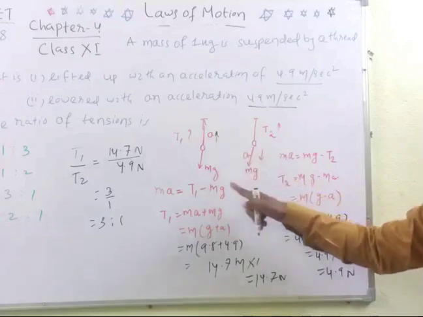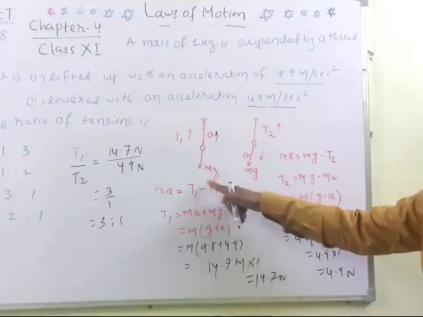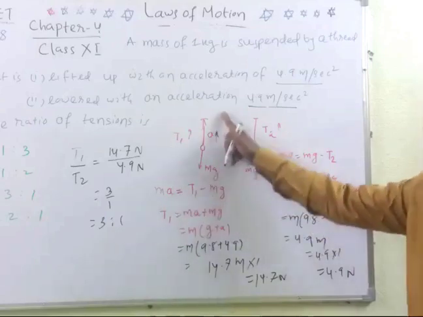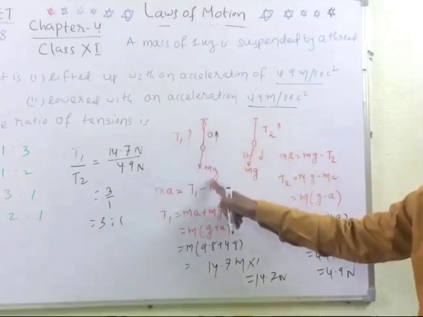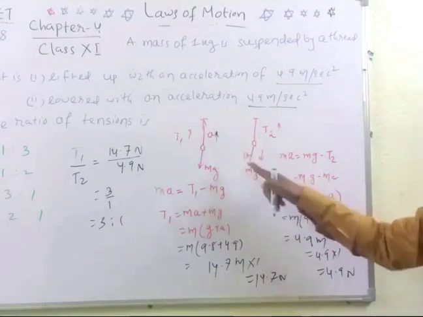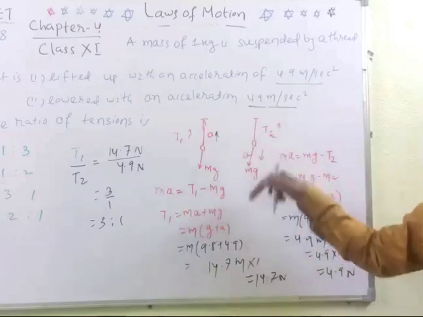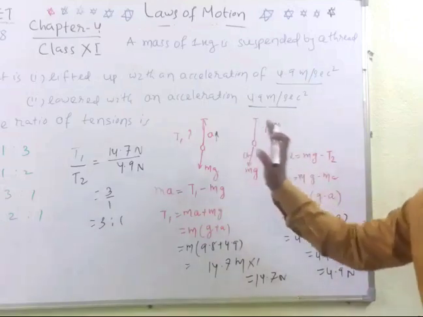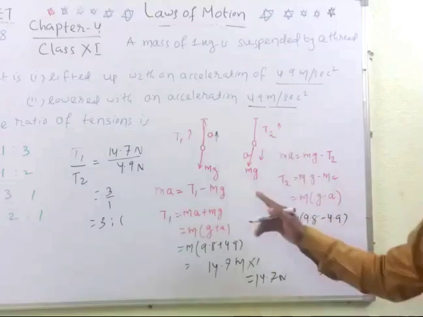The weight of the body in both the cases acts downward. So here the net force becomes T1 minus mg, but here ma is mg minus T2, because the acceleration is downward. So by analyzing the situations and the forces acting on the body, we solve this problem.